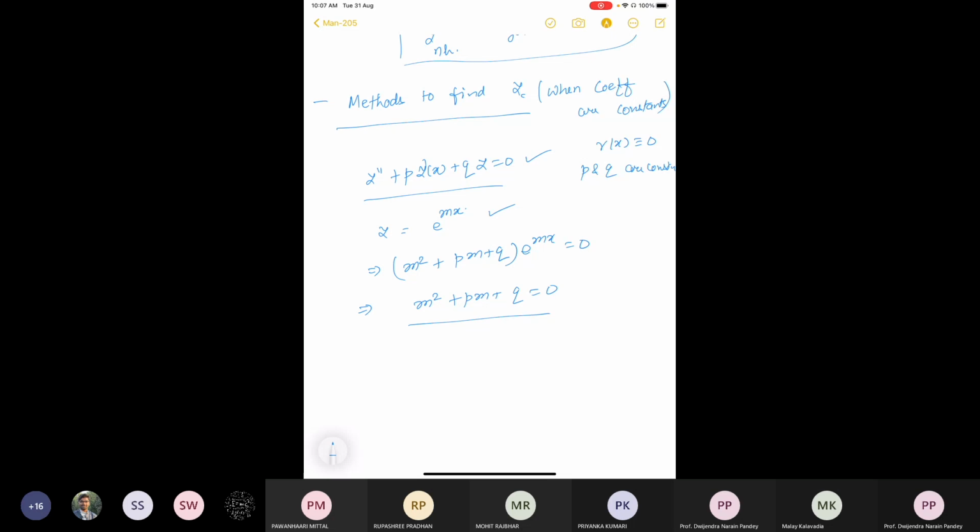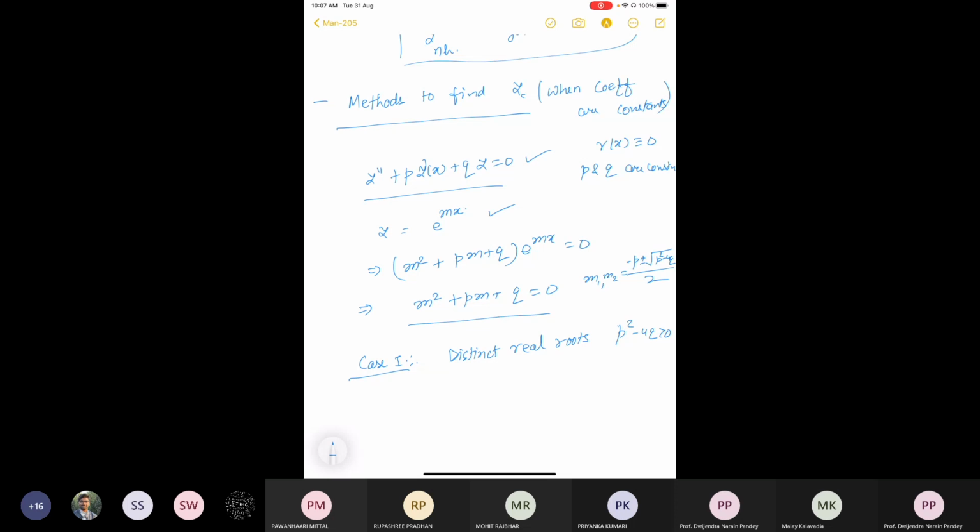Since it is a quadratic equation, based on the nature of the roots we have three different cases. I think we have done case one, when we have distinct real roots. It means p squared minus 4q is greater than 0, because m1, m2 are minus p plus or minus the square root of p squared minus 4q, upon 2.